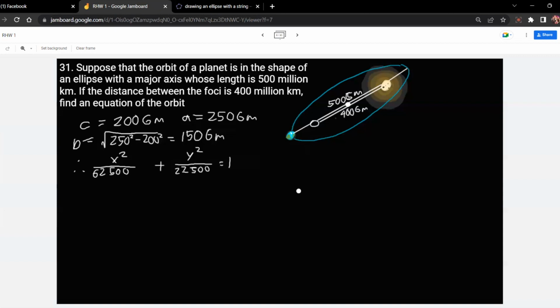Na, let X gigameter be the X coordinate. So isulat mo siya at the start. So let X gigameter, Y gigameter be the coordinates of the orbit.